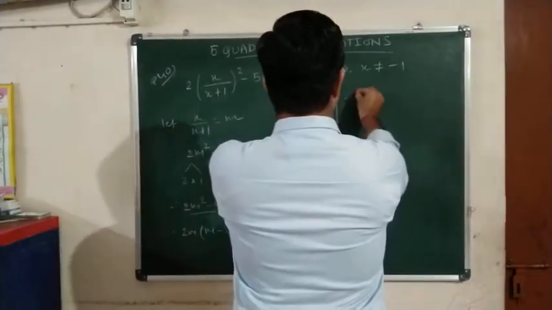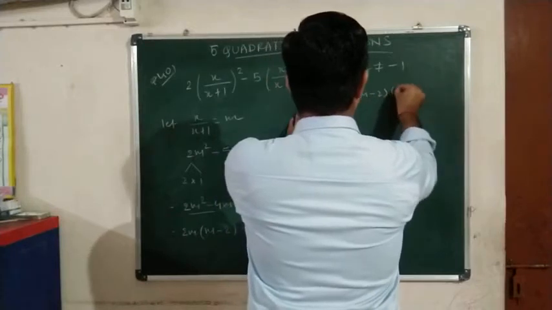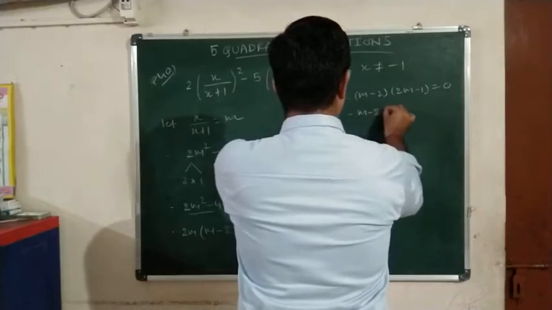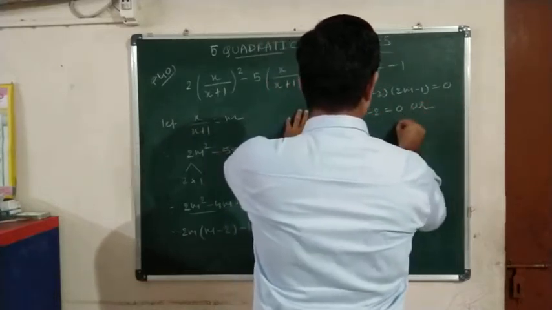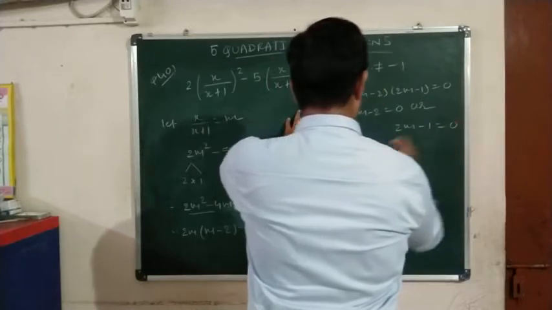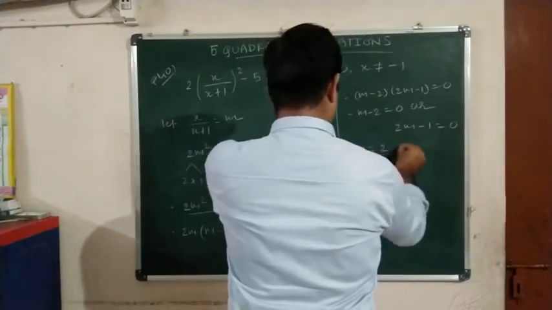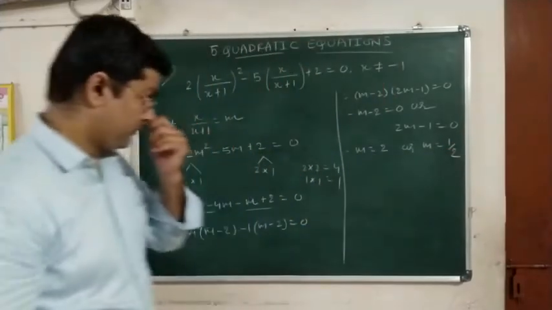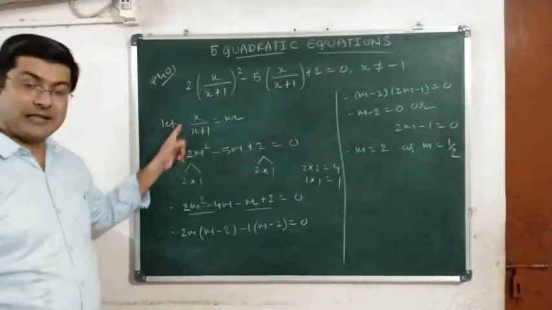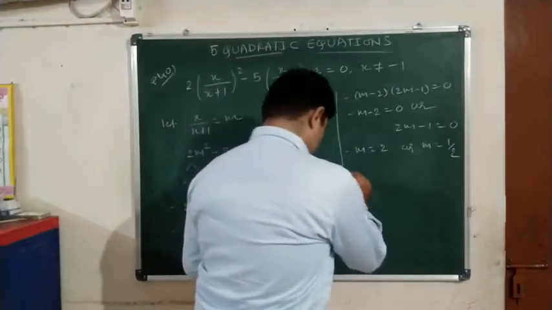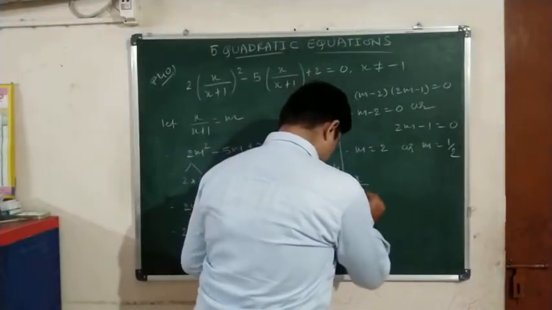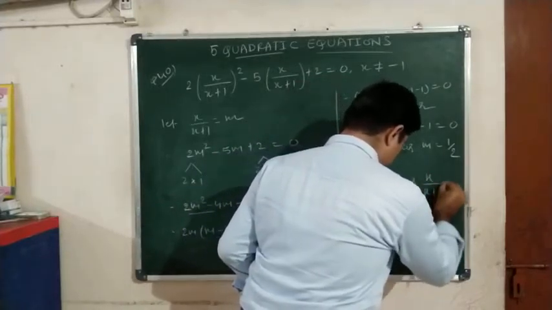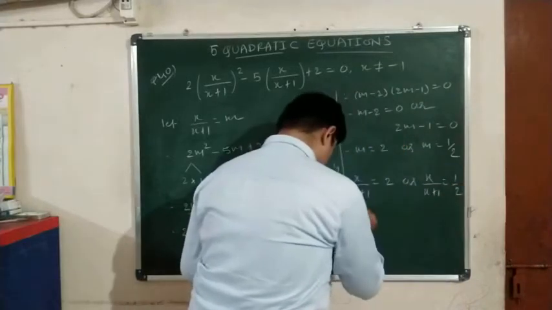Therefore m minus 2 into 2m minus 1, therefore m minus 2 is equal to 0, or 2m minus 1 is equal to 0, therefore m is equal to 2, or m is equal to 1 upon 2. Now let us substitute for m: x upon x plus 1 is equal to 2, or x upon x plus 1 is equal to 1 by 2.